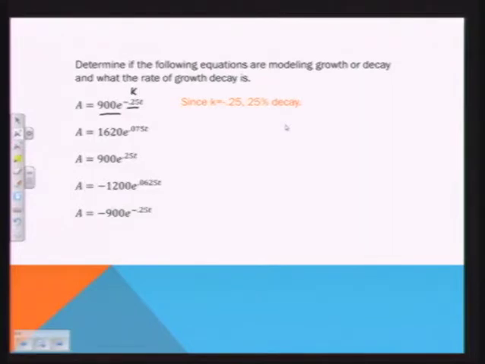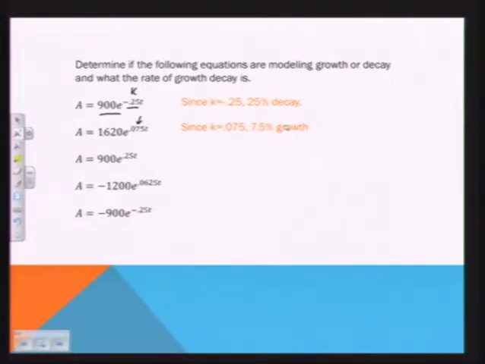But not only do we know we have decay, the negative 0.25 is our rate of decay. So this material would be decreasing at a rate of 25% each time period. Okay, in our second one, K is a positive number. And so since K equals 0.075, then we have 7.5% growth.